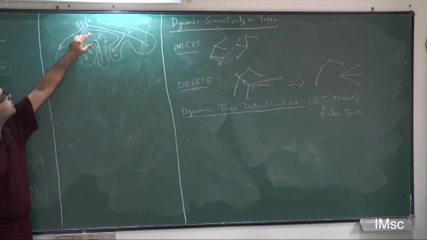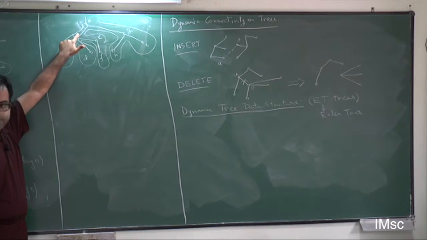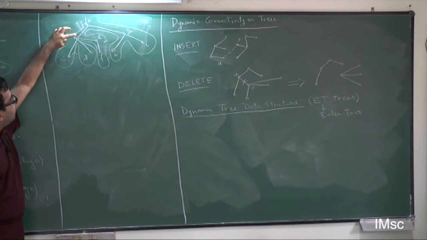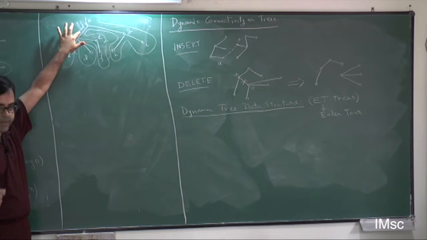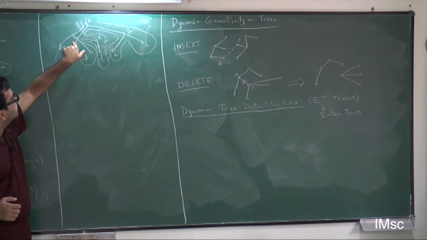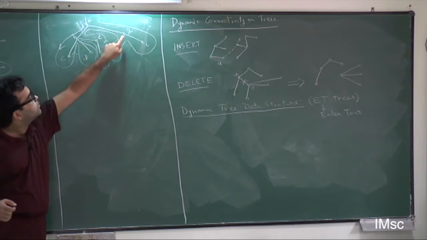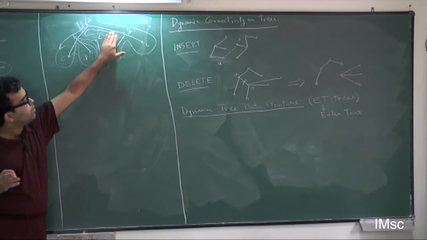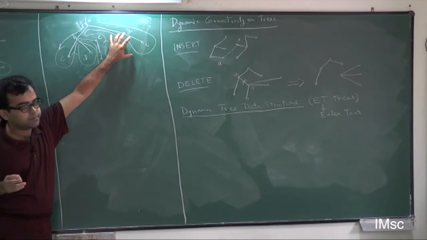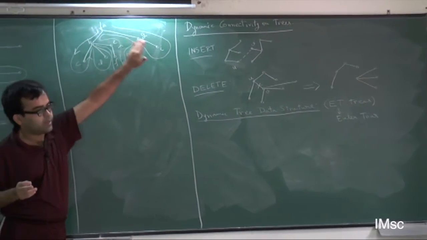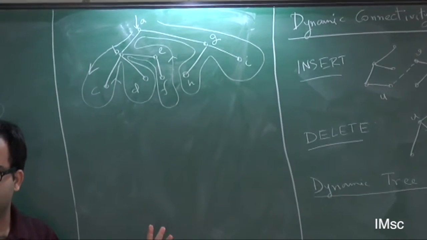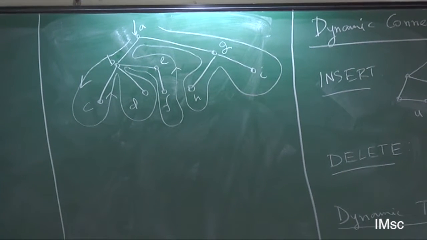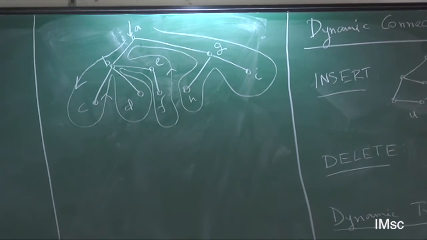In in-order traversal, you just first pick one child B, visit all the nodes rooted at this subtree recursively, then come back to A, then go to the next child, visit all the nodes rooted at that subtree recursively, then come back to A and proceed in this fashion.